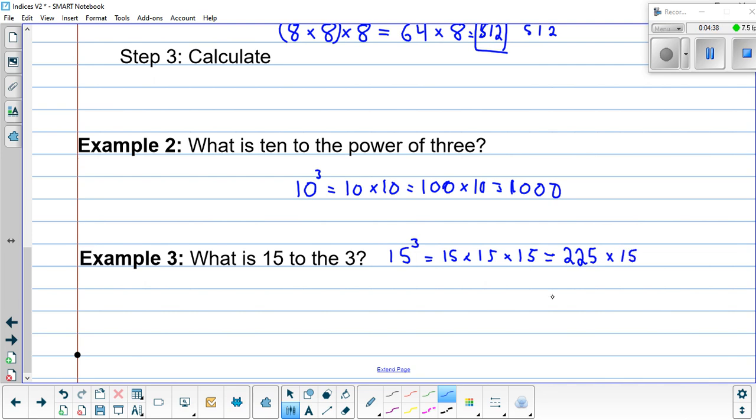So I have to bring it out of my little expression and write it out so I can multiply this all together. So we are left with 3,375 for 15 cubed.